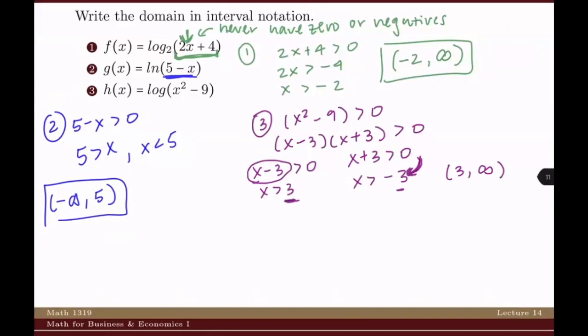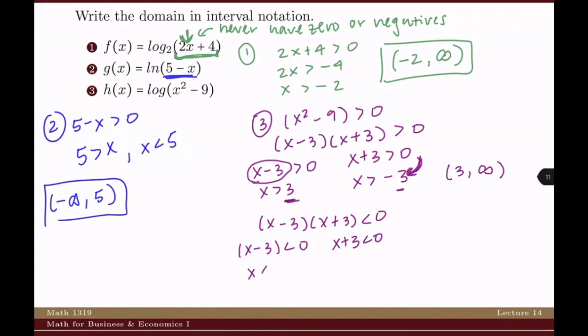So when it's greater than, we always pick the larger number to put in our interval. The next thing we want to do is figure out if there's any spot where they're both less than 0, since a negative times a negative is going to give us a positive. So we want to see if there's anywhere x minus 3 is less than 0 and x plus 3 is less than 0 at the same time.